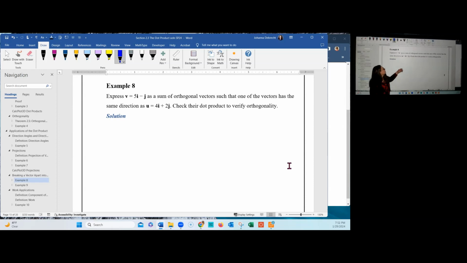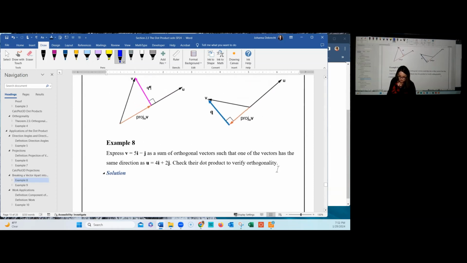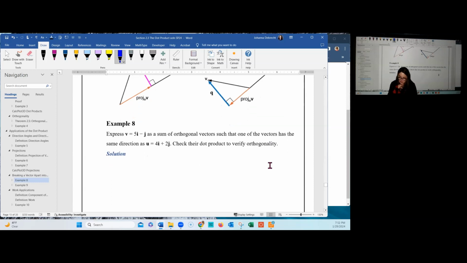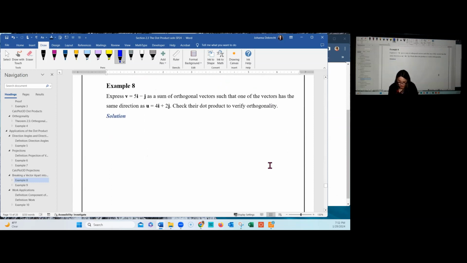So what we're looking for is the projection of V onto U and Q, the other vector. So again, let's take a look at the picture up here. So we're looking for both the red and the blue here. So those are the two vectors we're breaking V down into. And it'll be the sum of those two vectors. So we need to find Q, and we need to find the projection of V on U.